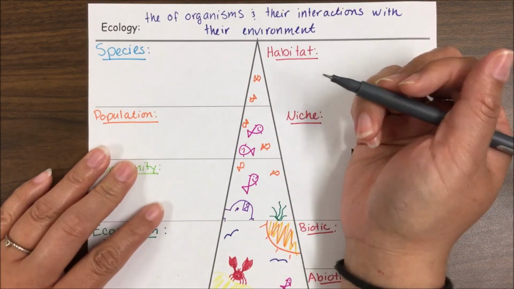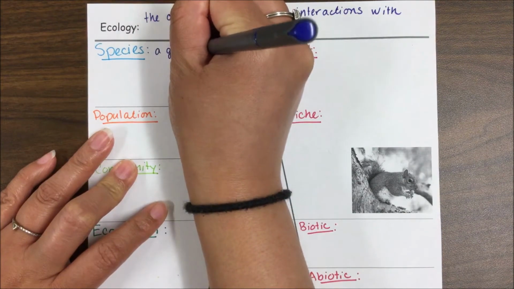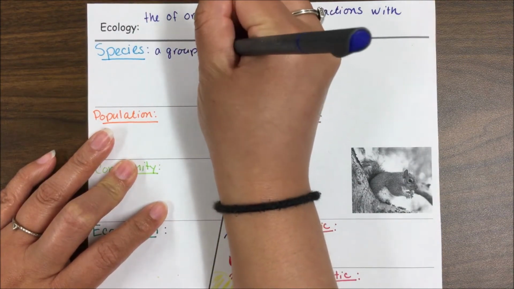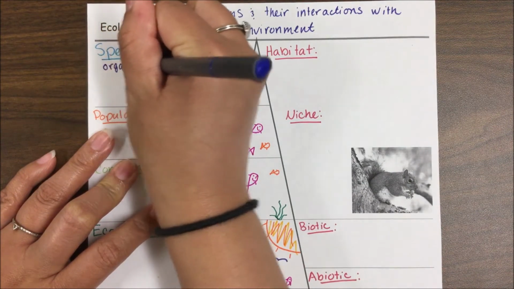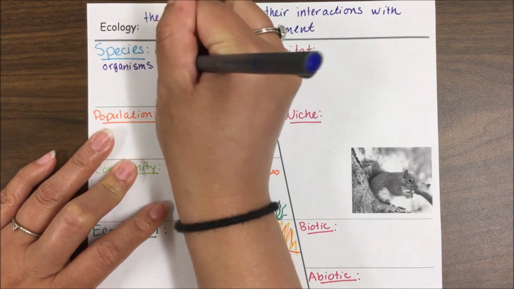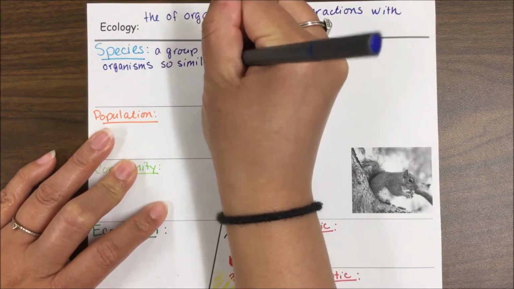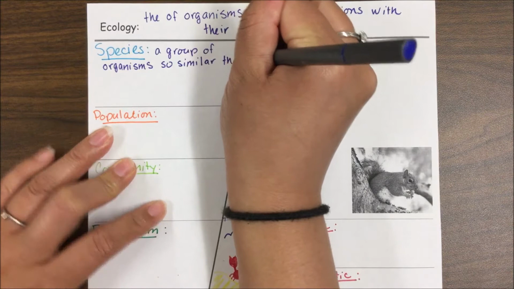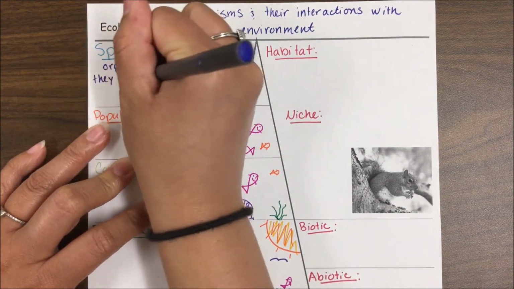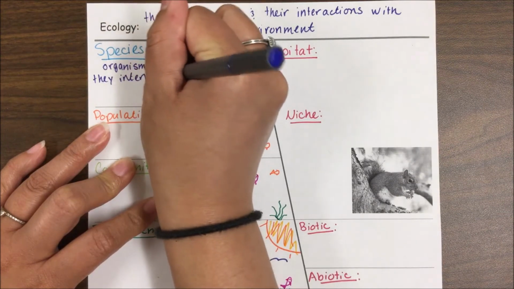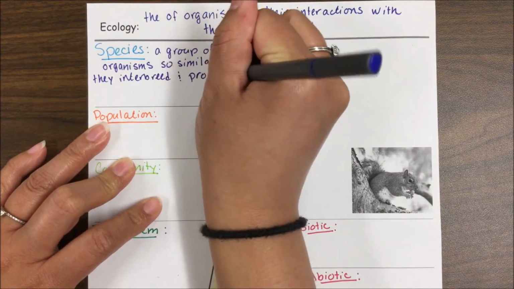You could say they're little goldfish, but a species is a group of organisms that are so similar that they interbreed and produce fertile offspring.